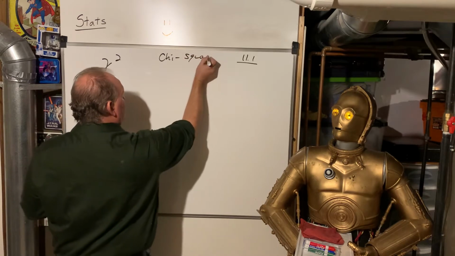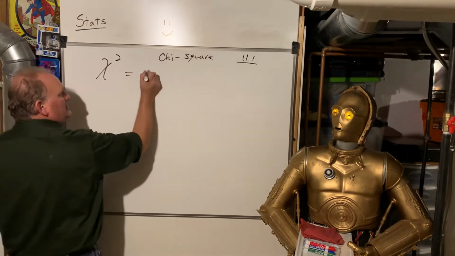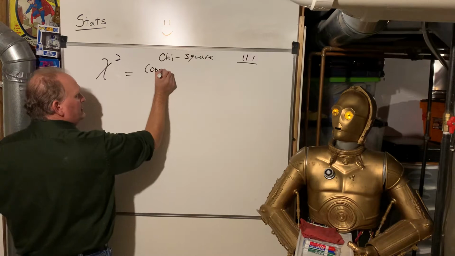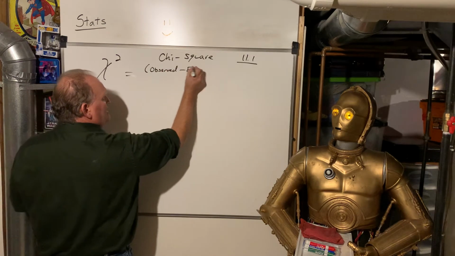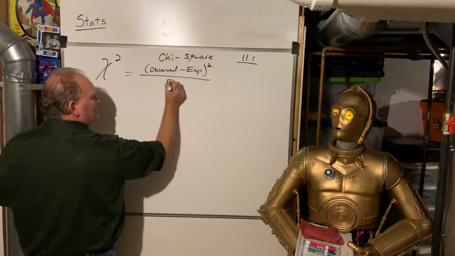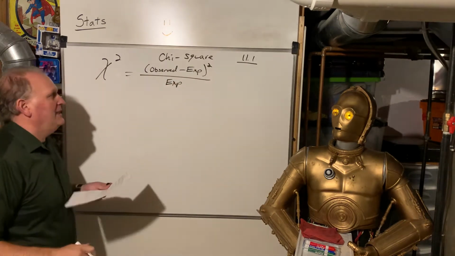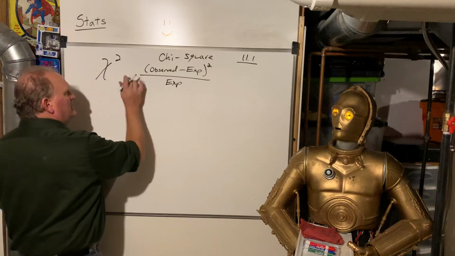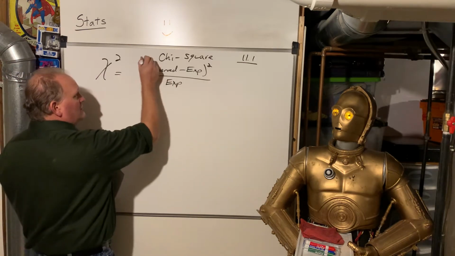And the way you find the chi-square statistic is you do observed minus expected, you square that result, and then you divide it by the expected. And then for each different category, you sum that up.